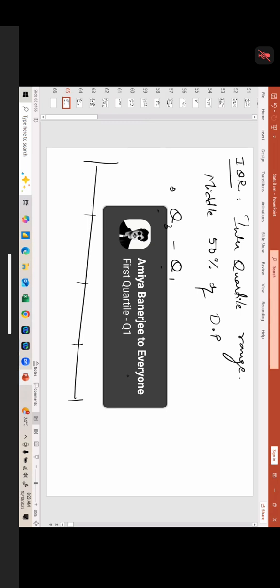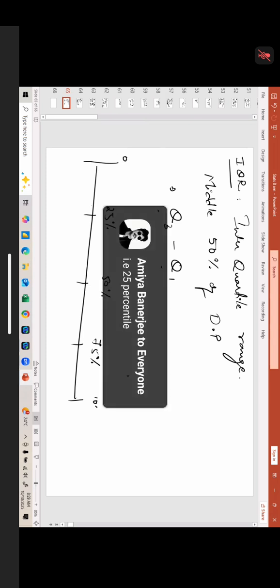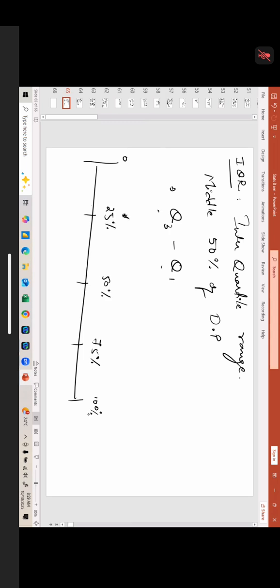This is the 25th percentile, this is 50th, 75th, 0th, and 100th percentile. Q1, Q2, Q3, Q4 maximum value.